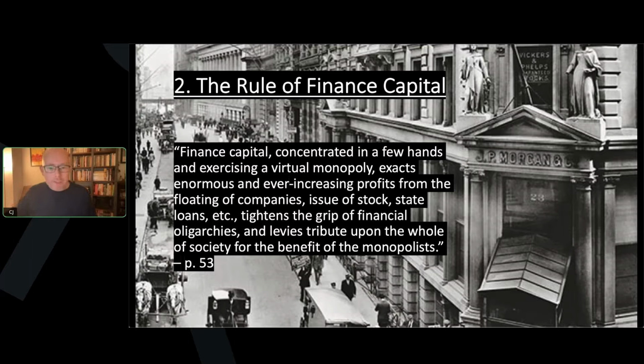So now the second feature, the merging of banking and industrial capital into finance capital. This process, whereby you have these two distinct sectors of the capitalist class coming together, created the material basis for a new kind of relationship between industry and banking.